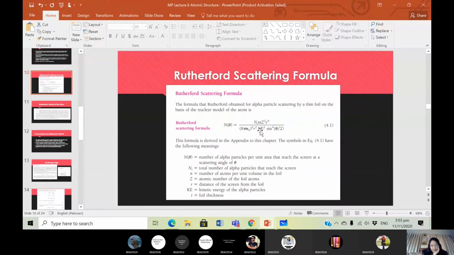Z here is the atomic number of the foil atoms. n is the number of atoms per unit volume of the foil. t here is the thickness of the foil. And N is the total number of alpha particles that reach the screen. So we have to derive this formula.